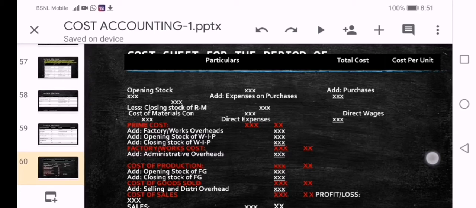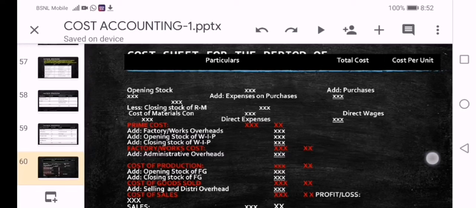So far, factory cost is over, administrative cost is over. Now the next item is selling and distribution overhead. Whatever items are there in the question, you have to make a list and show the total in the total cost column.